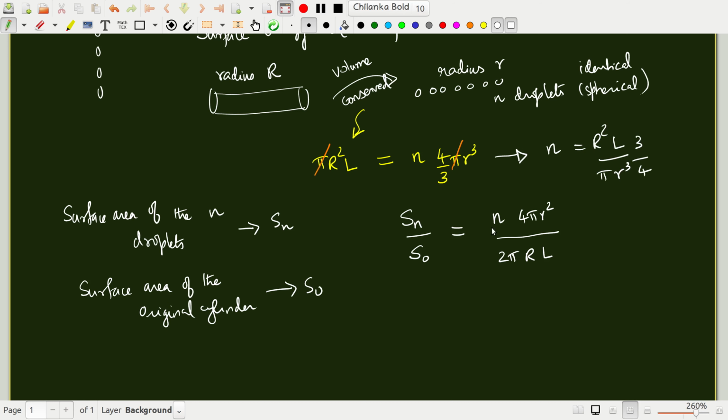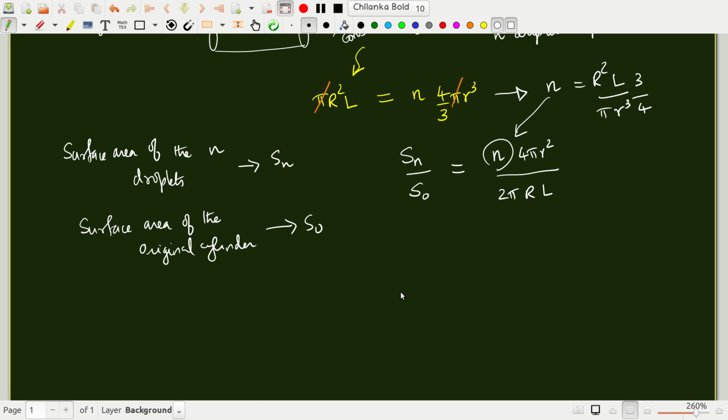So instead of n here, I'm going to substitute this to get Sn by S naught, which is the ratio of the surface area of the n resultant droplets to the surface area of the original cylinder, and is nothing but 3 R squared L over 4 r cubed.